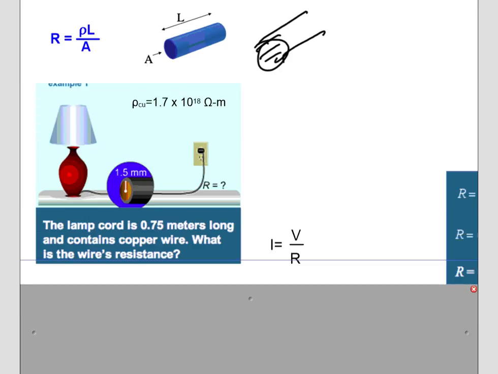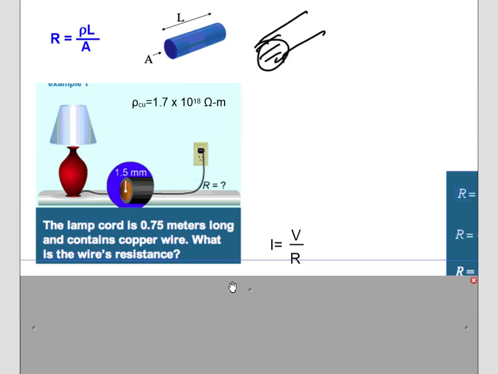As an example of calculating this, supposing we have a lamp cord which is 0.75 meters long, made out of copper wire. What is the copper wire's resistance? We're going to use this equation to calculate that. And of course, to do that, we need to know the resistivity of copper, which is right here.